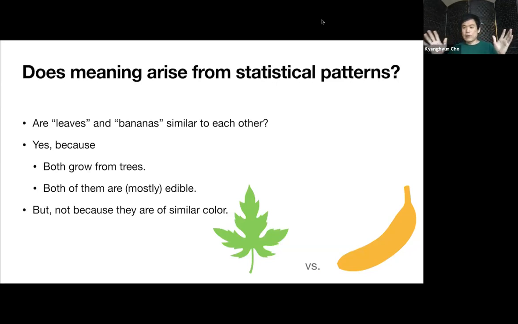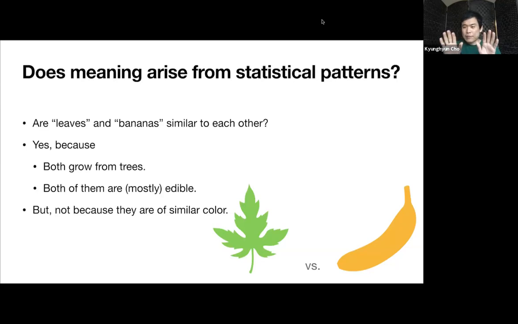So from these observations, we know that according to the statistical mechanism that we have learned in this lecture, leaves and bananas are going to be considered very similar to each other. However, one thing we know, that the statistics does not tell us, is that leaves and bananas are not the same. They are not similar with each other because of their colors.